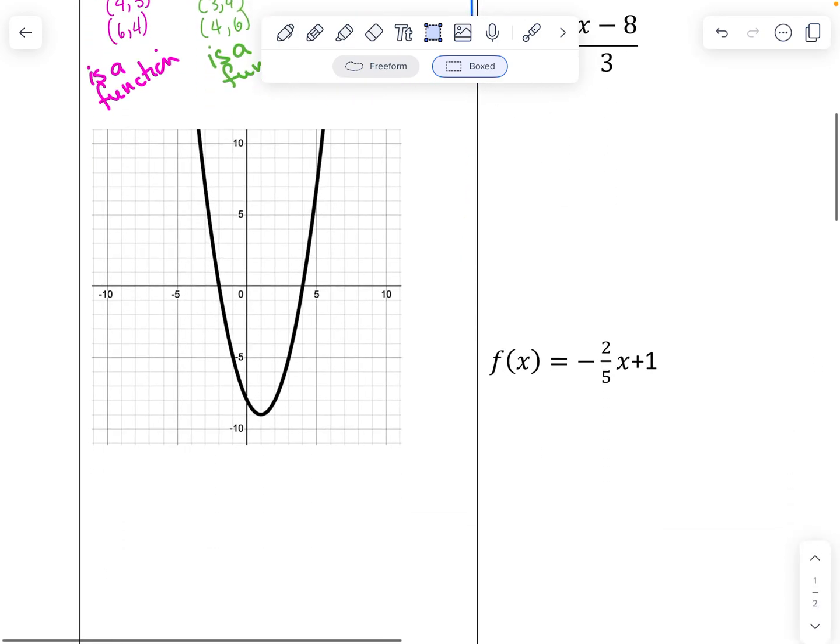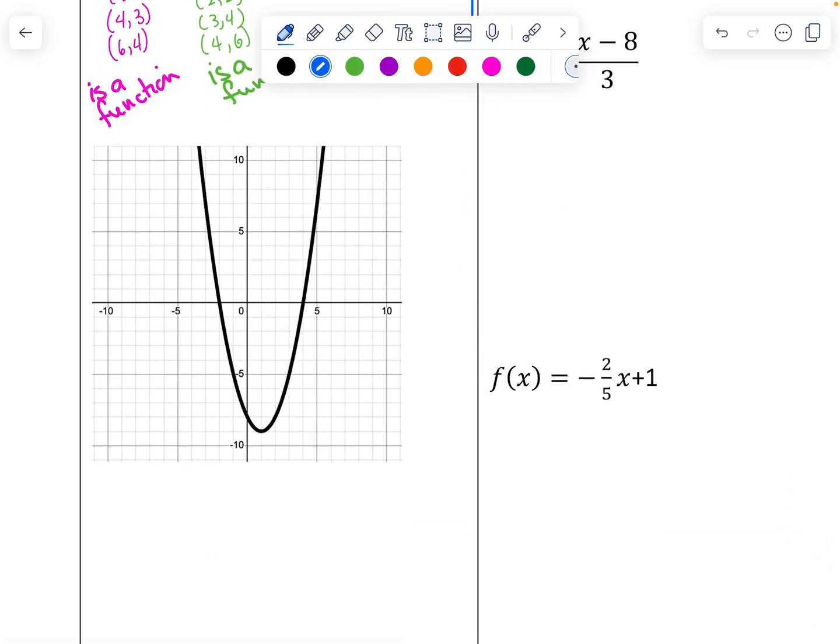All right, so right now the quadratic that is graphed is a function, and we'll name it f of x, and we'll list some easy points. This point right here is the point (-2, 0). The vertex is the point (1, -9). The other x-intercept is the point (4, 0).